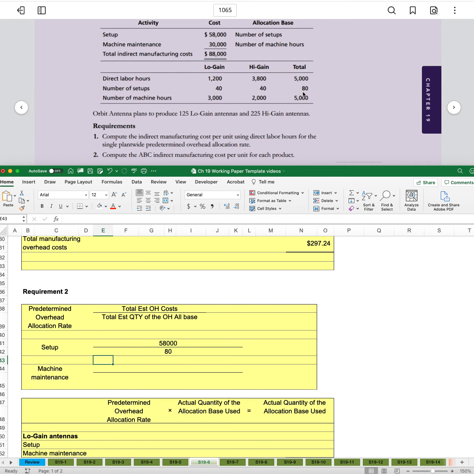So 58,000 divided by 80 total setups gives us $725 per setup. For machine maintenance, we have estimated cost of $30,000, and that's based on number of machine hours. And so we have total machine hours down here of 5,000. Take our 30,000 divided by 5,000 and get 6 per machine hour.